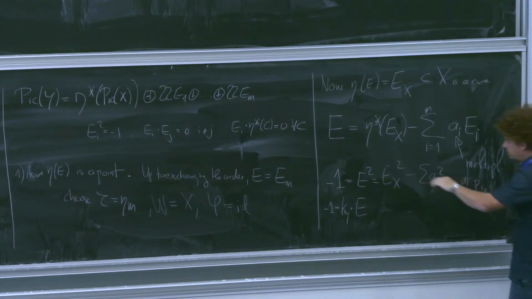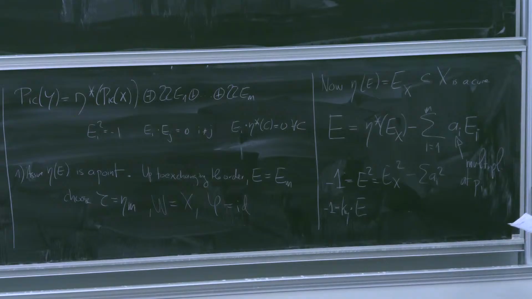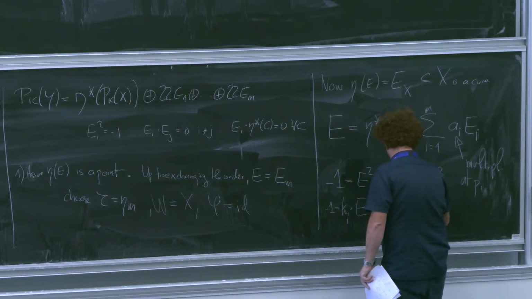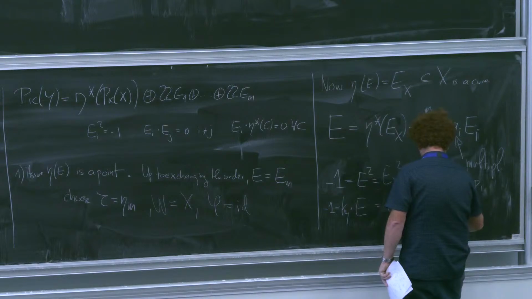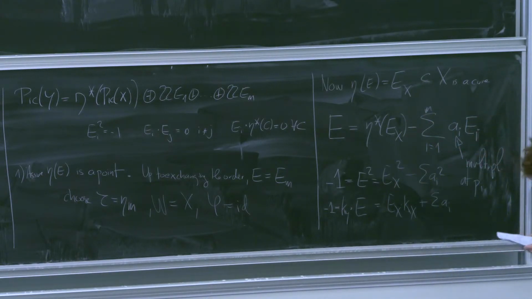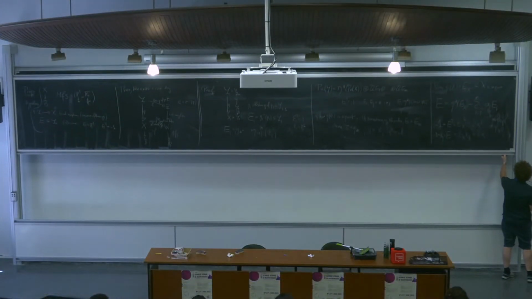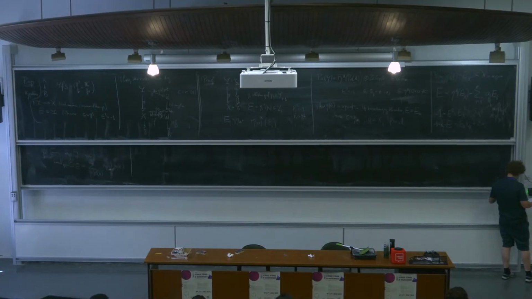So the sum of these two things should be -2. So if you have -1 for one, you have -1 for the other. And then it will be e_x times K_x plus... That's the two things we will use. And then we will do just calculations with this and a bit of geometry.